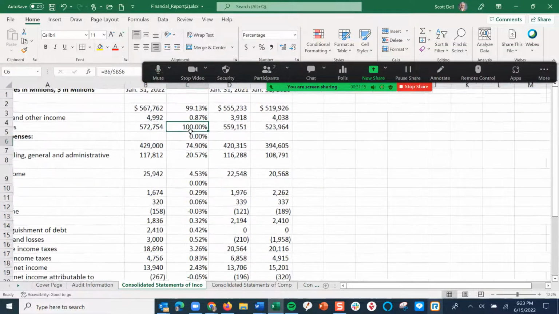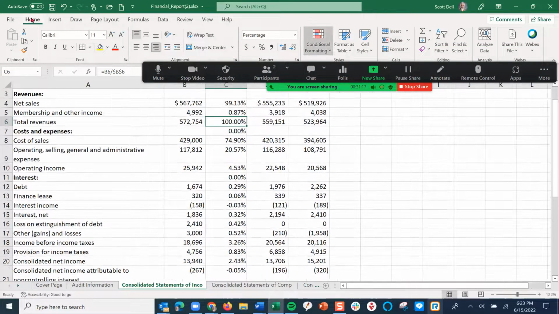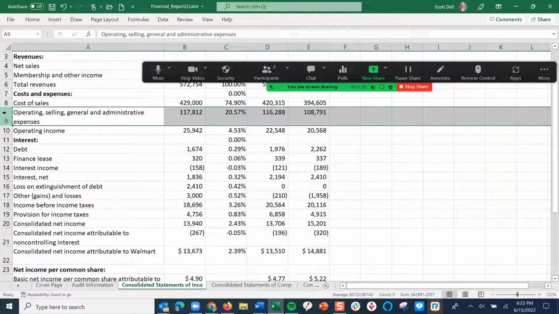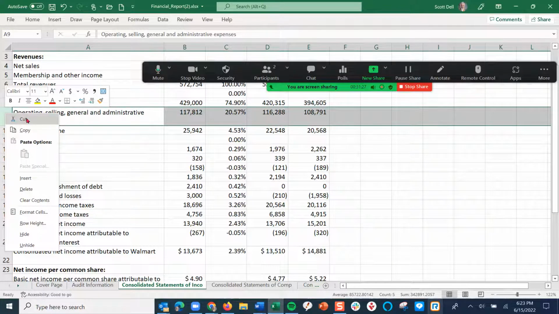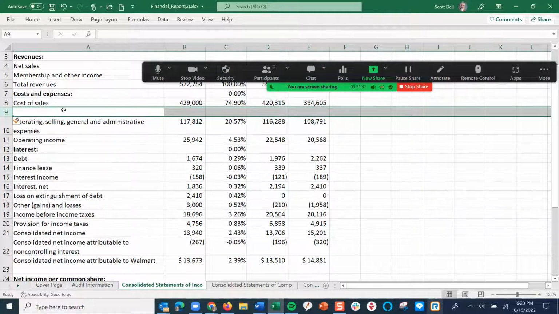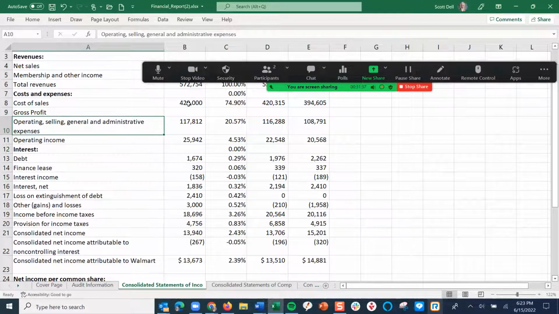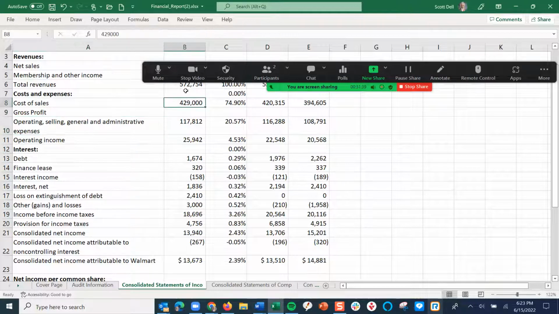Let's make it a little bigger so you can see it cleaner. My cost of sales is 75%. I'm going to insert a gross profit line here. I want to insert a row and say gross profit. How do I calculate gross profit? I'm going to take my total revenues. Oops, let's try it again.